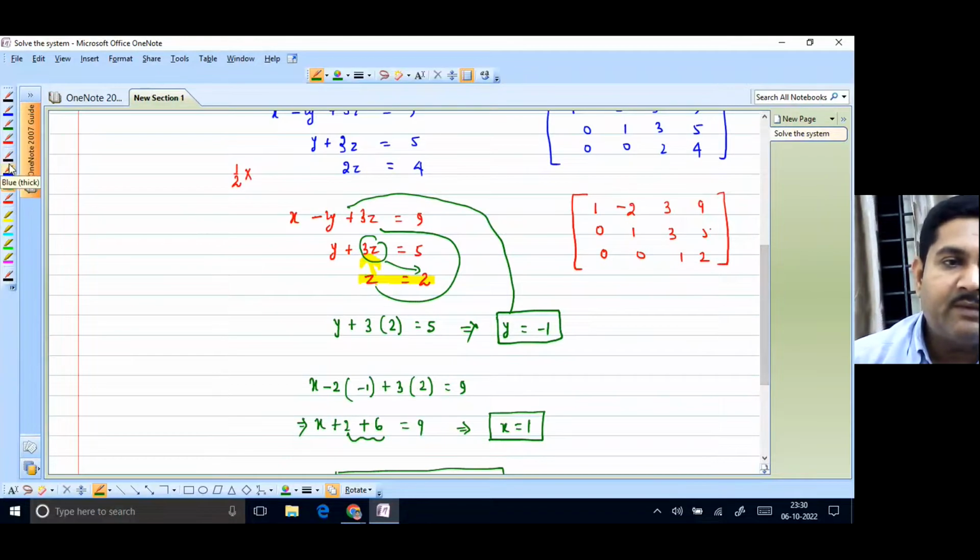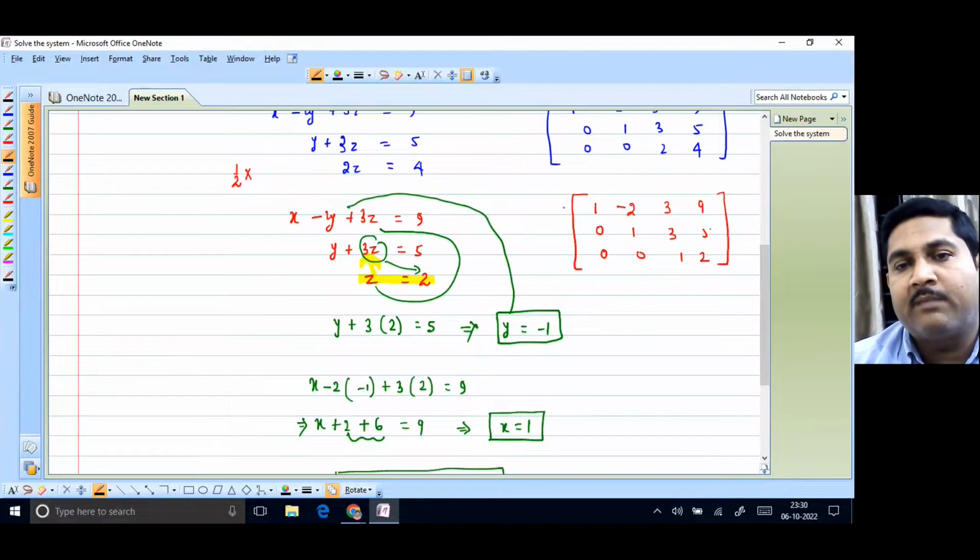So first of all, I want to mark the pivot. Pivot means the first non-zero entry in every row. See, in the first row, I am marking the first non-zero entry.